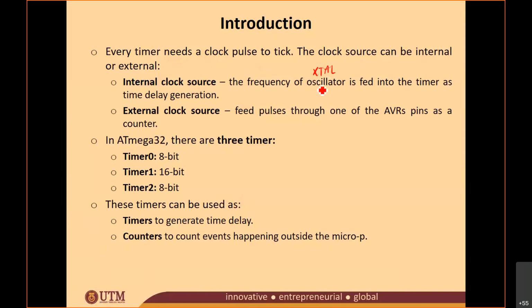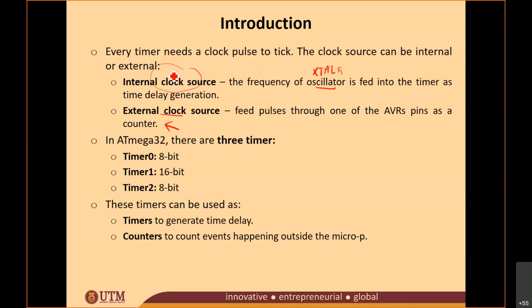The oscillator and crystal are the same thing. It is fed into the timer for time delay generation. So this is the internal clock source. While for the external clock source, the pulse is fed through one of the AVR pins as a counter.